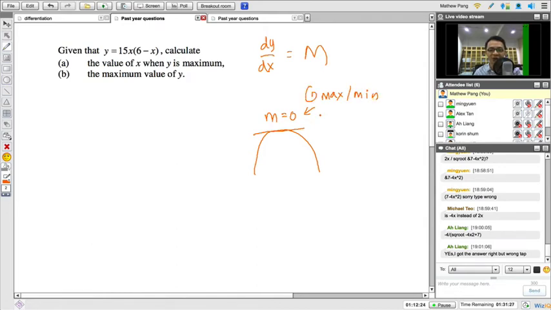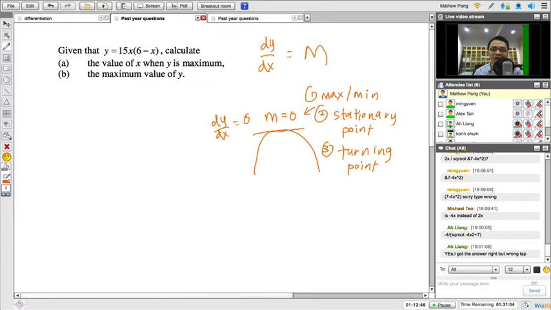This is the first condition. Second condition, sometimes they say stationary point. Then the gradient is equal to 0. Third condition, sometimes they say turning point. All these conditions mean the gradient equals 0, meaning dy/dx equals 0.